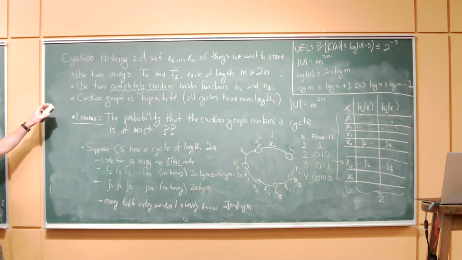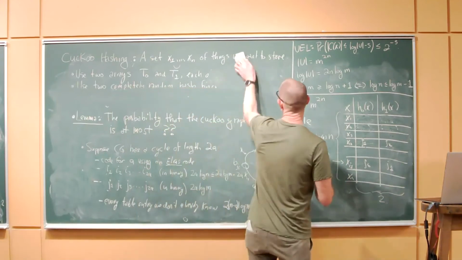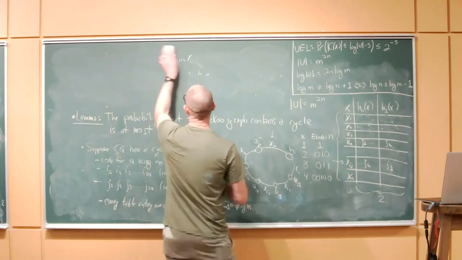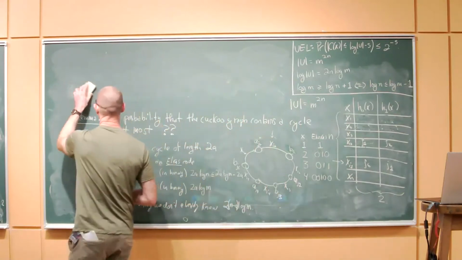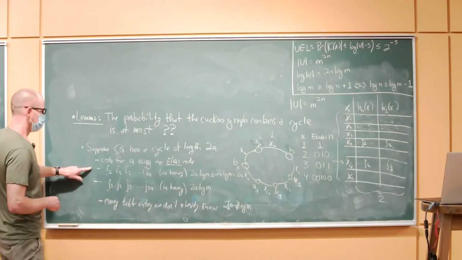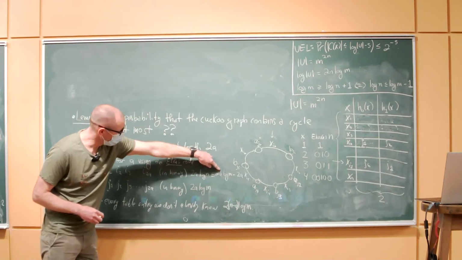Okay. All right. So let's add up the length of that whole code word. So we've got this, which is 2a log m.